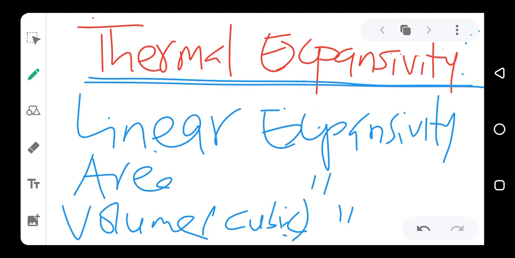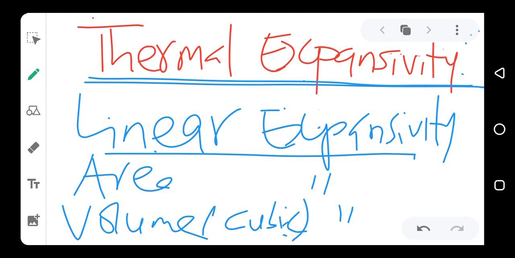What is the difference between these three things? Linear expansivity is talking about the increase in length of an object due to an increase in temperature. It is length that is increasing in linear expansivity. In area expansivity, we are talking about increase in the area of an object due to increase in temperature.